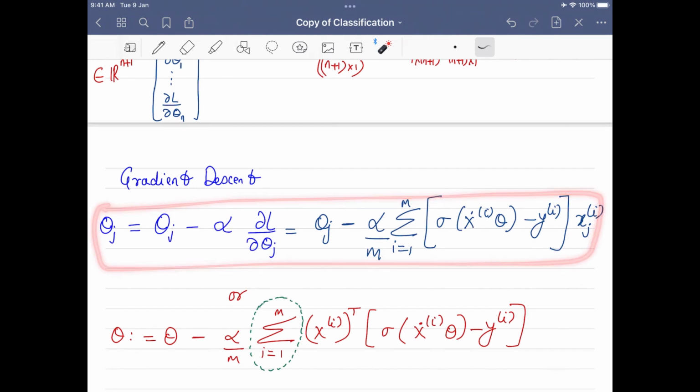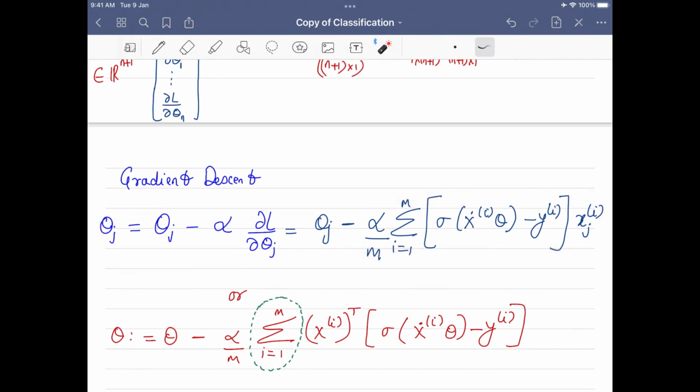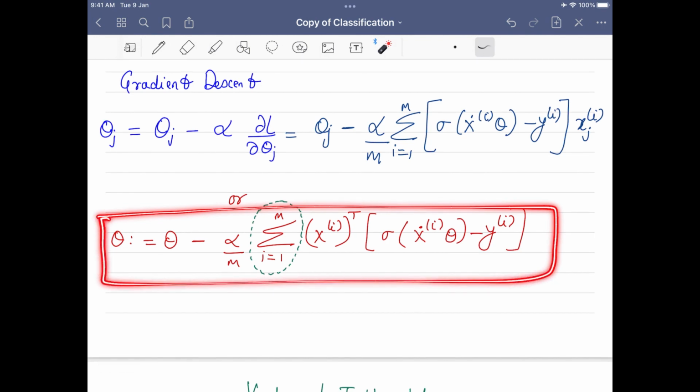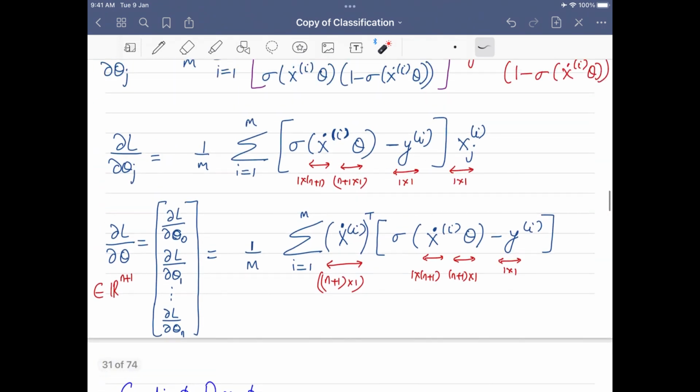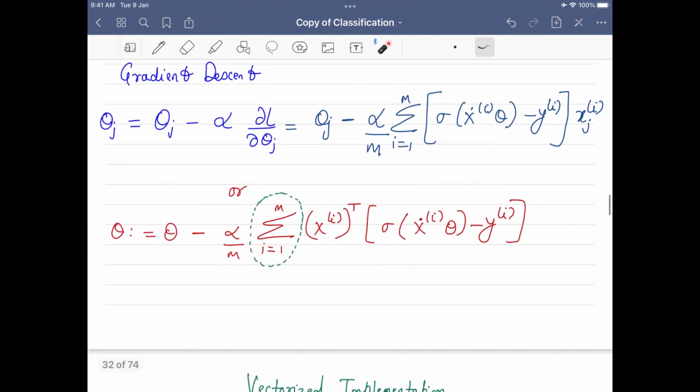So you can use either this or this expression. You can go with individual values of theta one by one and get the answer, which is a slow process. Or you can use this expression here, which is the vectorized implementation, at least at one level, where you have transformed this into a vector like this, so that you can speed up the process a little bit. But it will not be increased too much because of the factor which is available here.